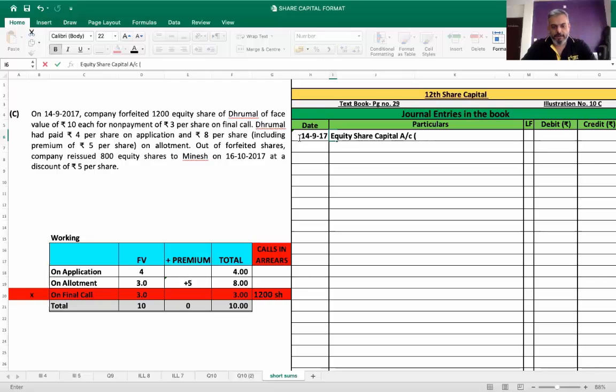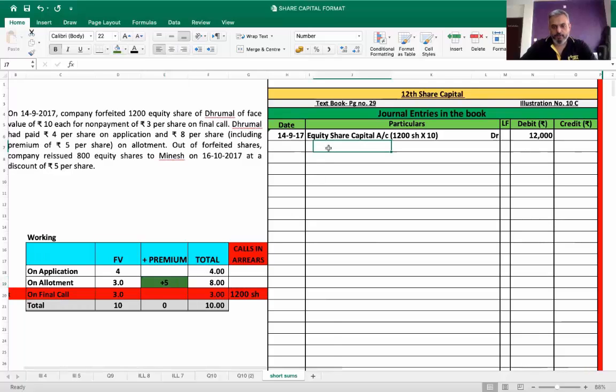debit by what amount? 1200 shares into rupees 10, everything is called up. Debit amount is 12,000. Now over here, this premium of rupees 5, we have already received this premium, so we don't have to do anything for this premium.